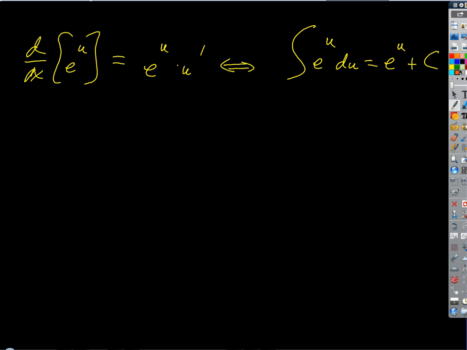If I wrote this in differential form, right, the derivative of e to the u equals e to the u times du, right? Okay, so if I just integrate both sides, what am I going to get?